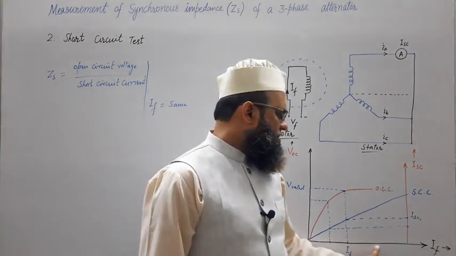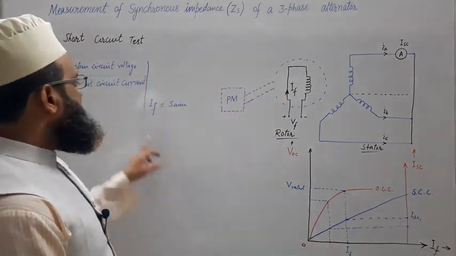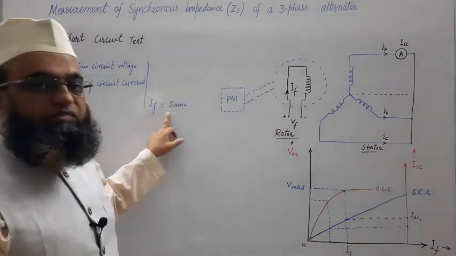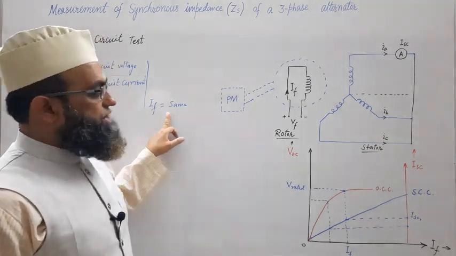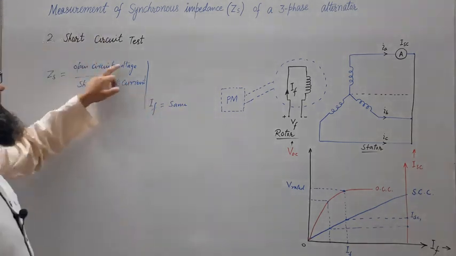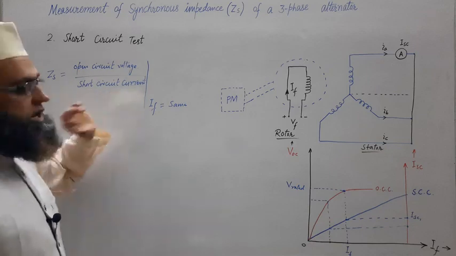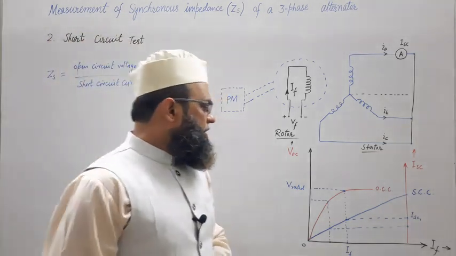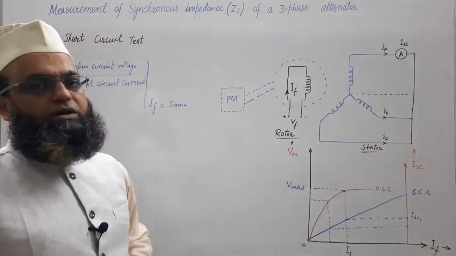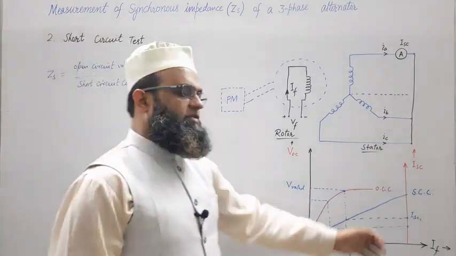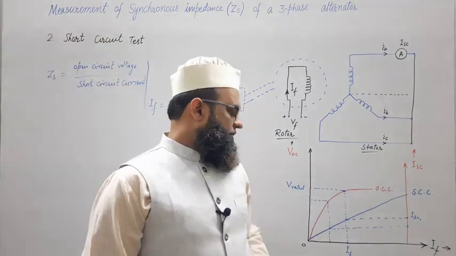Again, at any other value of IF, because the condition is IF must be the same, at the same value of IF we have to take the two readings, open circuit voltage and short circuit current, and the ratio will give you ZS. So ZS will not be constant for any value of IF, it will vary for different values of IF.